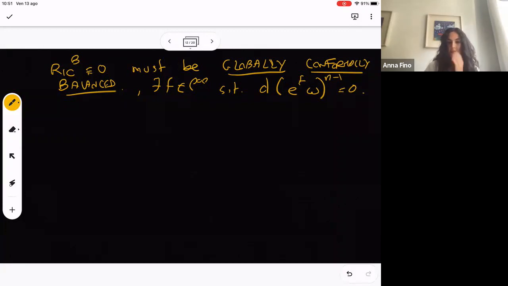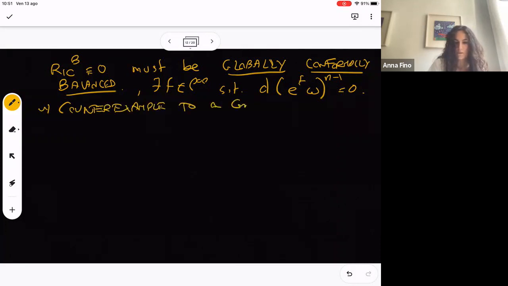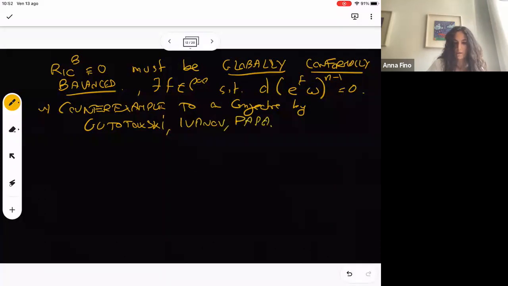And that's what's nice, because it allows us to construct a counterexample to a conjecture by Gürsey, Ivanov, and Papadopoulos.